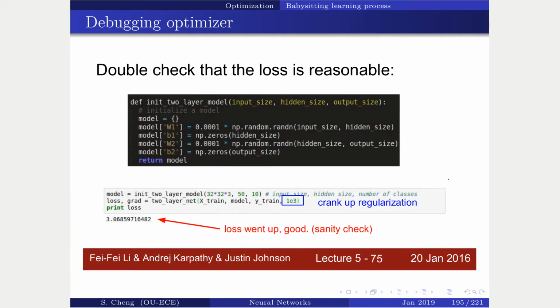So the next thing we may try to do is crank up the regularization. Typically, if you remember, you have the objective function where you want to minimize the loss.